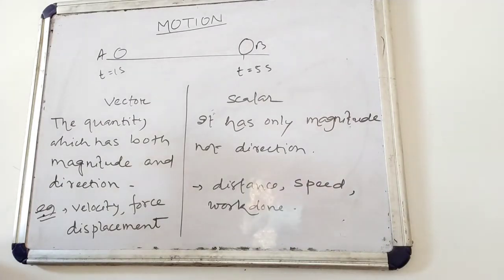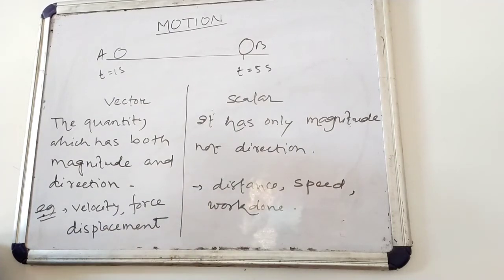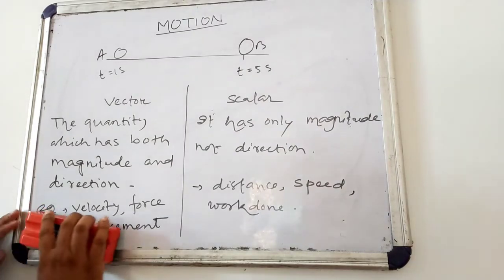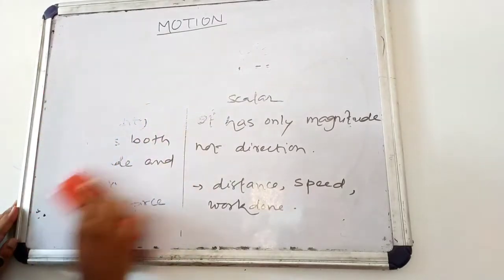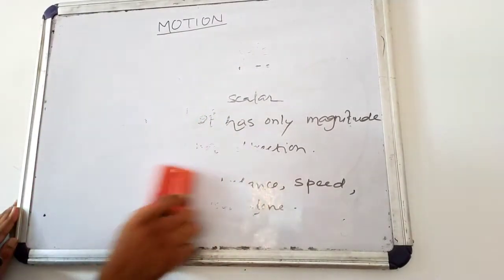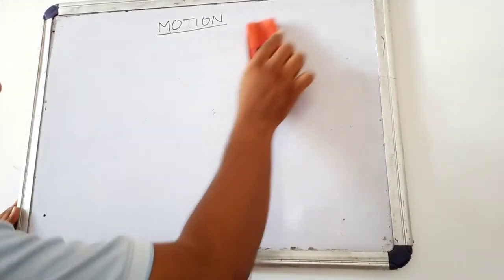So let's see what is the difference between displacement and distance. Distance is the total path the object travels, and displacement is the shortest path between the initial and final position.